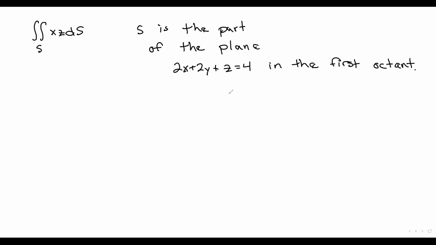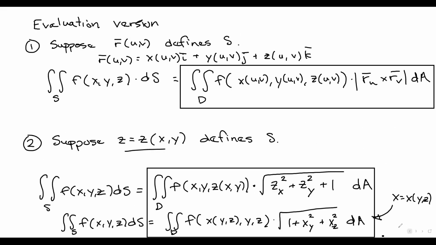So this time they gave us the surface in terms of x, y, and z. And so it would be easiest to use the second formula, where we get z by itself.